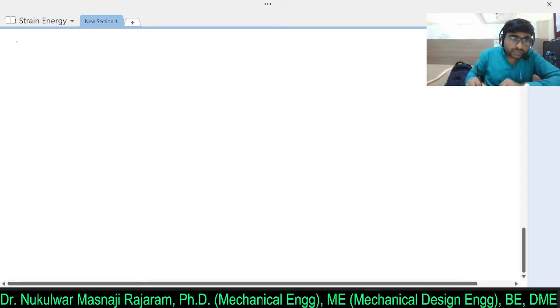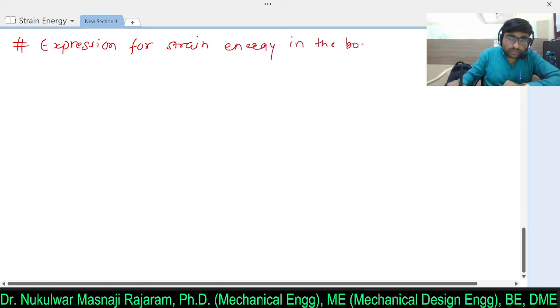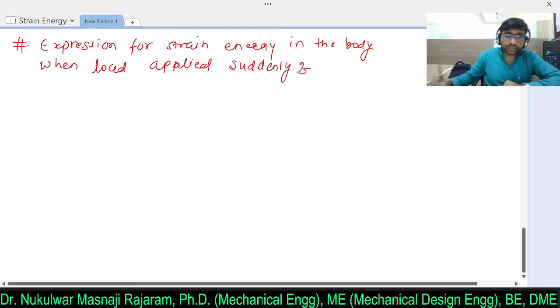Clear? So we will see the second expression, that is expression for strain energy in the body when load is applied suddenly. Clear?